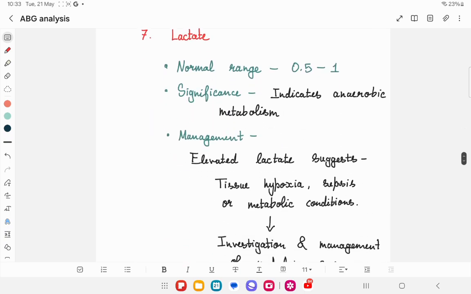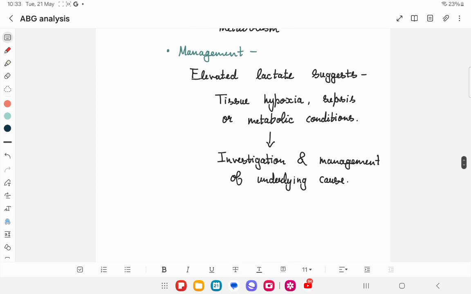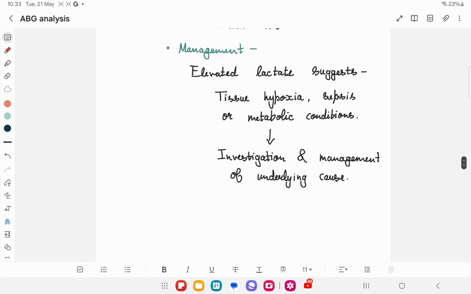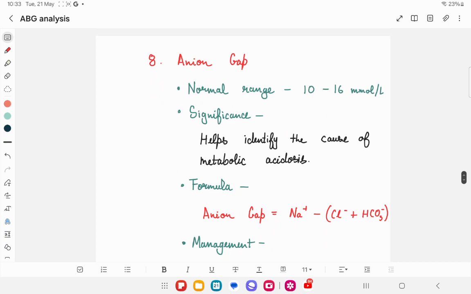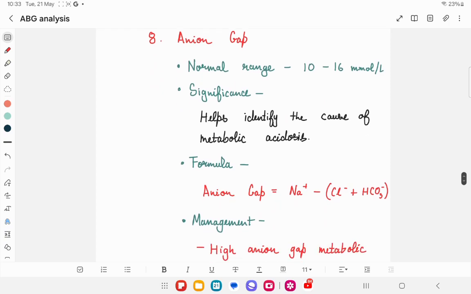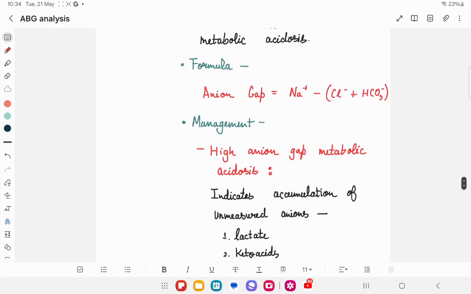Lactate is very important. Normal range is 0.5 to 1. Significance is that it indicates anaerobic metabolism. Management is elevated lactate would suggest tissue hypoxia, sepsis, metabolic conditions, and we need to further investigate. Anion gap, normal range is 10 to 16. Significance, it helps to identify the cause of metabolic acidosis.